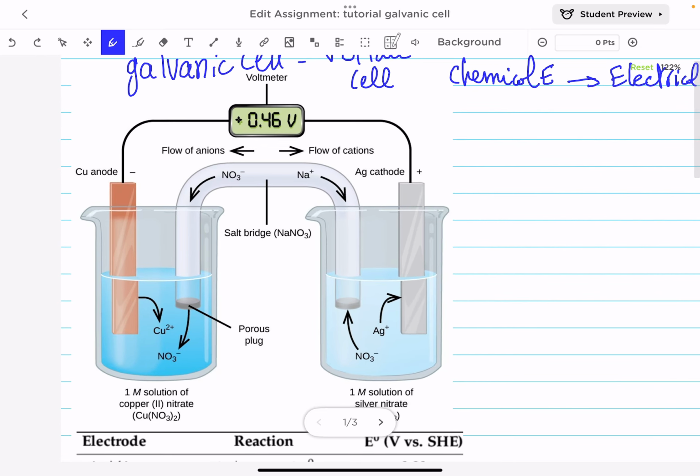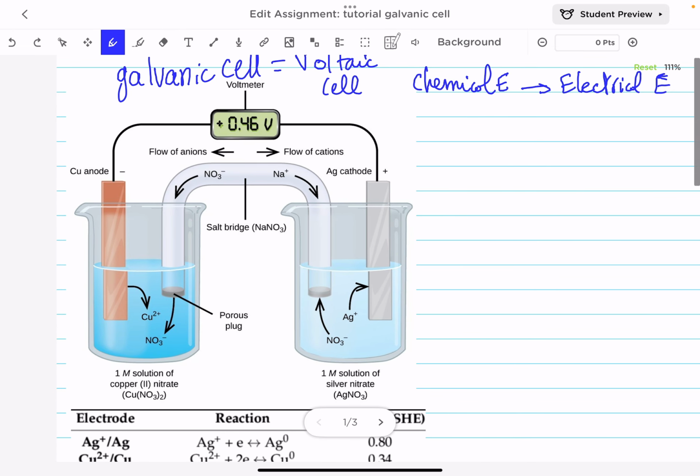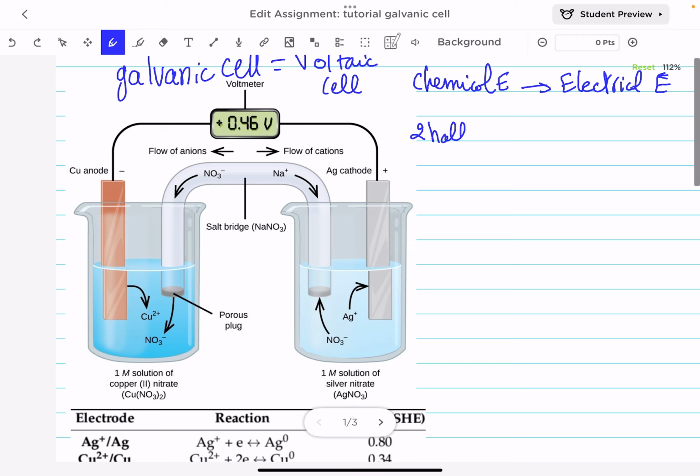Looking at this figure, we find that a galvanic cell is made up of two half cells. One is an anode half cell and one is a cathode half cell. Now in the figure that you are looking at, it's fully annotated and indicates which one is the anode and which one is the cathode.